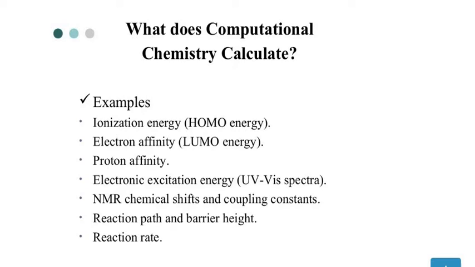For example, you can calculate the ionization energy, HOMO energy, electron affinity, LUMO energy, proton affinity, electronic excitation energy, UV-visible spectra, NMR chemical shift and coupling constants, reaction path and barrier height, and reaction rate. A lot of things you can calculate with the help of computational chemistry software.